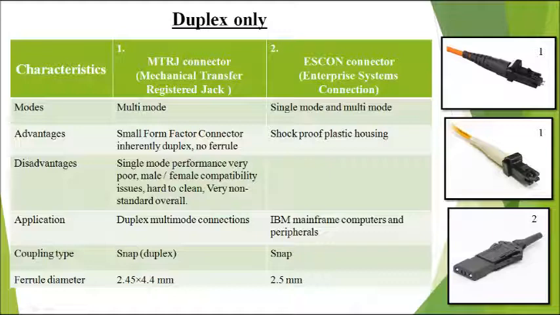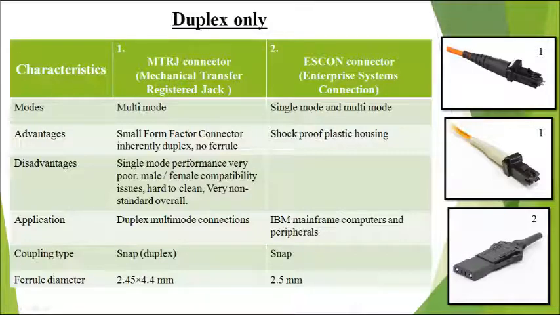It comes in multi-mode. The advantages of MTRJ connector are small form factor connector, inherently duplex, and no ferrule. The disadvantages of MTRJ connector are very poor single mode performance, male or female compatibility issues, hard to clean, and very non-standard overall.